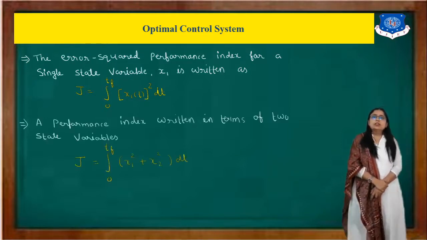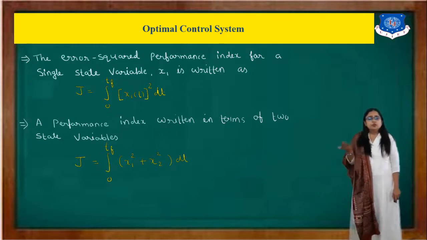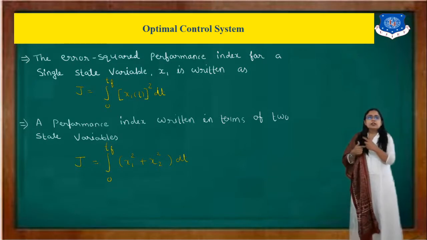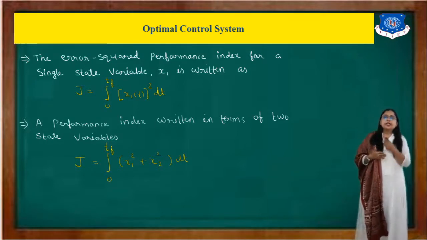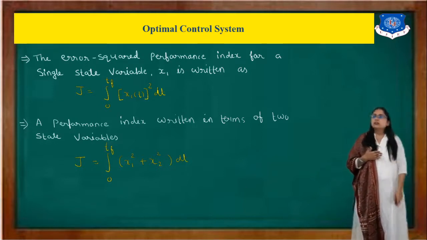Okay. Now if the performance index is written in terms of two variables, simply you have to write x1 square plus x2 square. If it is for three variables, then x1 square plus x2 square plus x3 square, like that.